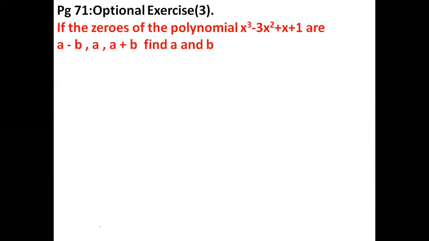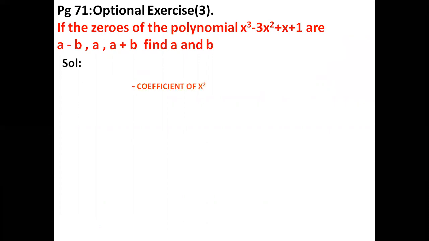Now in the same optional exercise, page number 71, the third problem. If the zeros of the polynomial x cube minus 3x square plus x plus 1 are a minus b, a, and a plus b, find a and b. The solution: you know the formula for the sum of zeros.